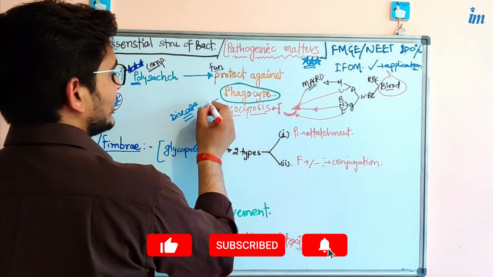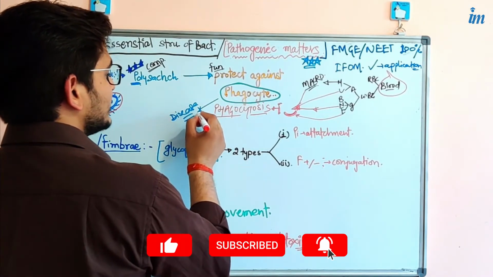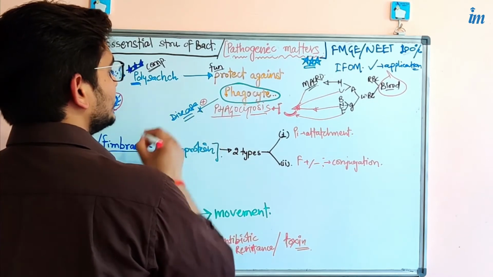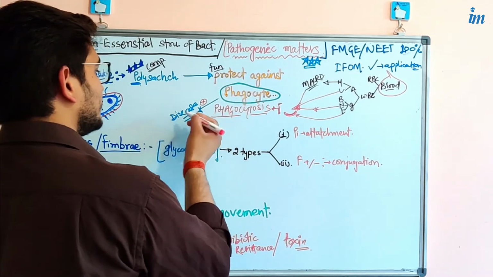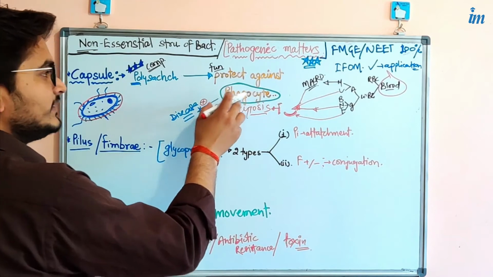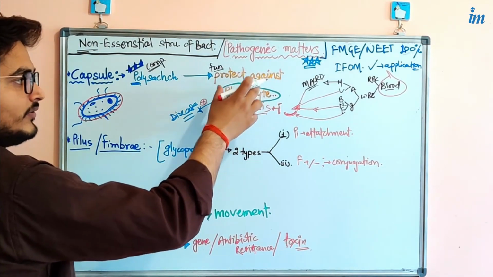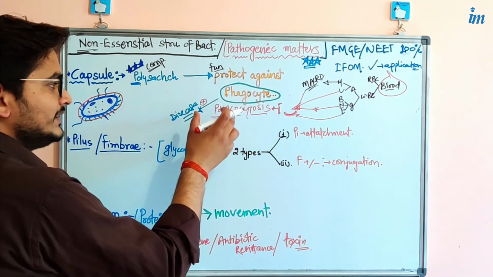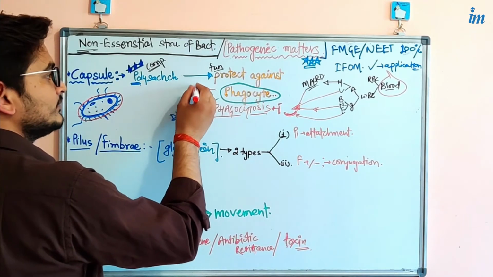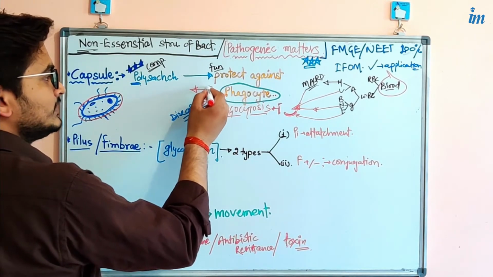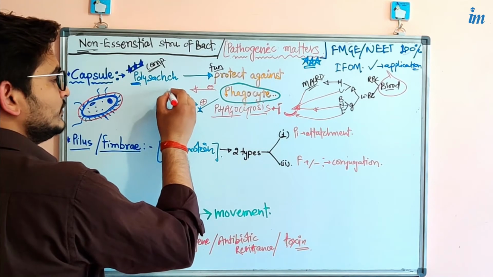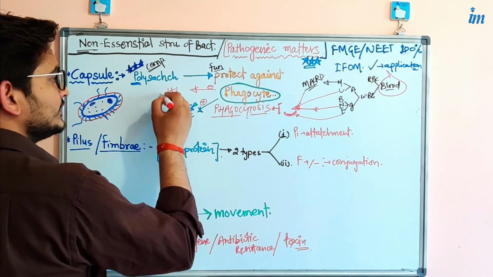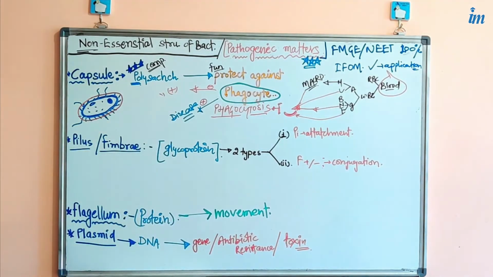You can understand it this way: if phagocyte is present, disease will not happen. But if phagocyte is absent or is unable to carry out its activity, then there will be disease. Okay.